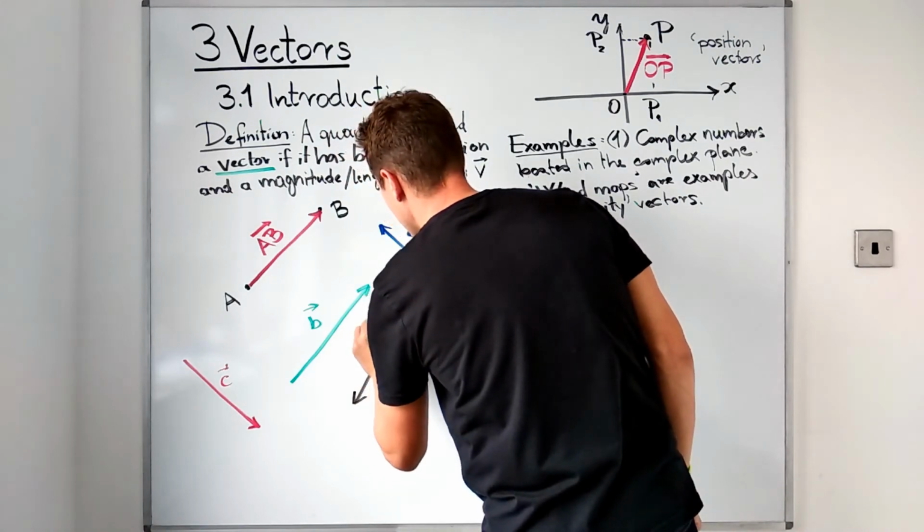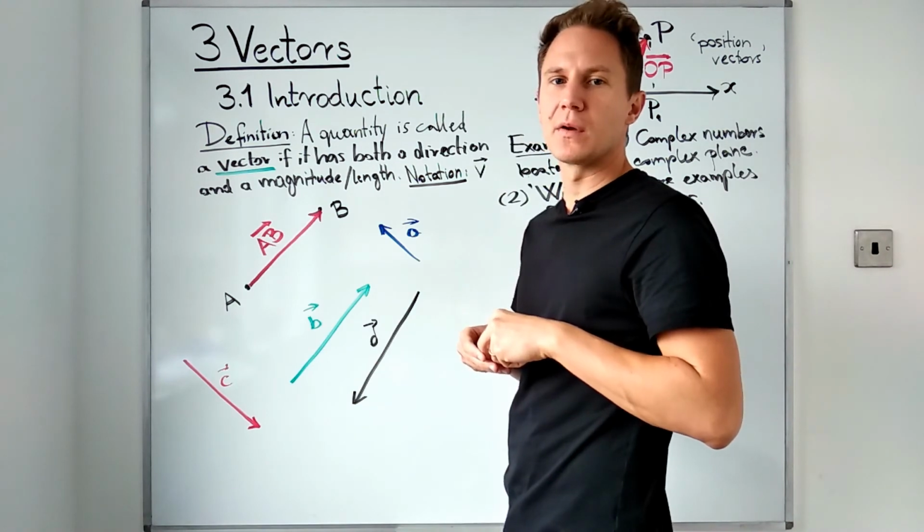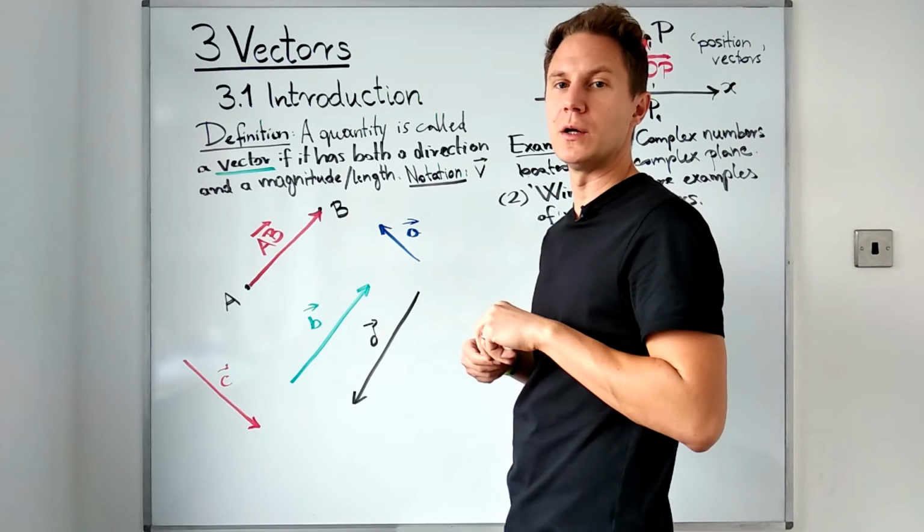Which of these vectors do you think looks most like our vector AB? Okay, pause the video and select your answer from the options below.